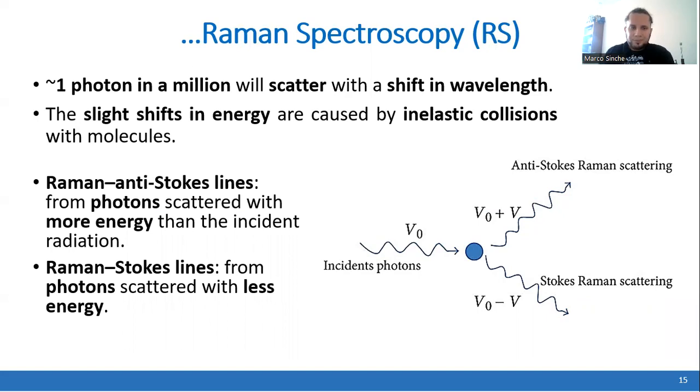In some cases, the photons will be scattered with higher energy. Then we are talking about the Raman anti-Stokes lines. And also, it is possible that the photons are scattered with less energy than the incident light, in which case we are talking about the Raman-Stokes lines.